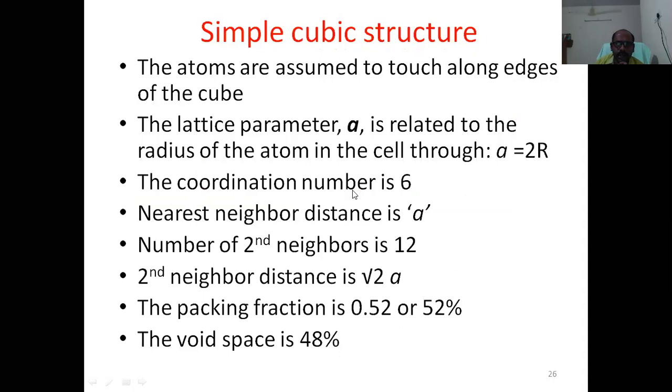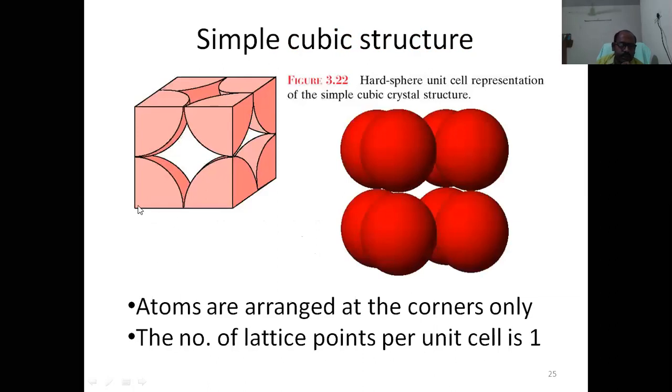The coordination number, as I explained before, is 6. That means the nearest neighbors: taking this point as reference, one is along the positive x-axis, another along the negative x-axis, one along the positive y-axis, one along the negative y-axis, and one along the negative z-axis.